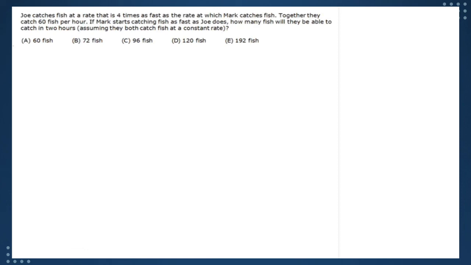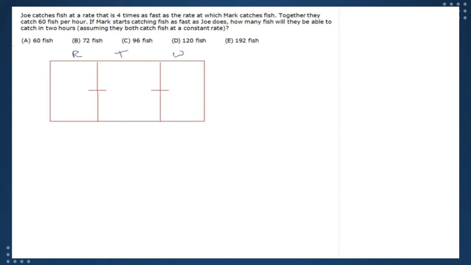So this is an interesting question because what's going on here is we're going to use a combined work formula, but what I'm going to do with these rates is I'm not going to be making them fractional rates. And the reason for that is because you see that the rate given in the problem is 60 fish per hour, which is 60 over 1.